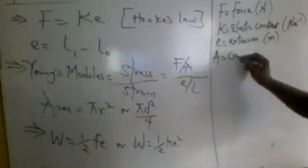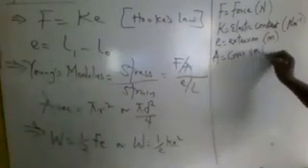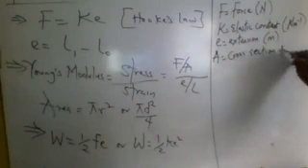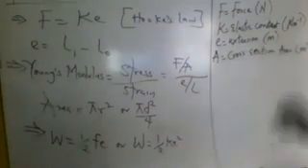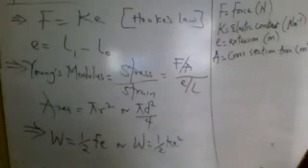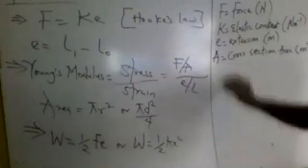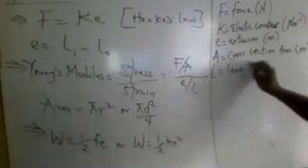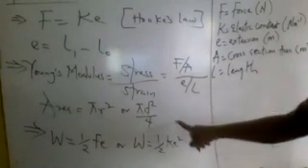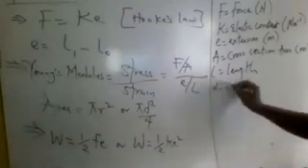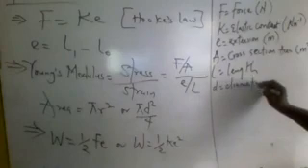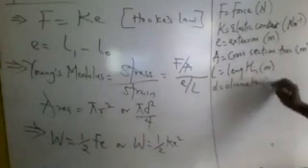Yeah, this is your cross-sectional area. Uniform cross-sectional area. Of course, it's meter squared. L is length. If you want to talk about the area, then D will mean diameter. Your length is in meters.